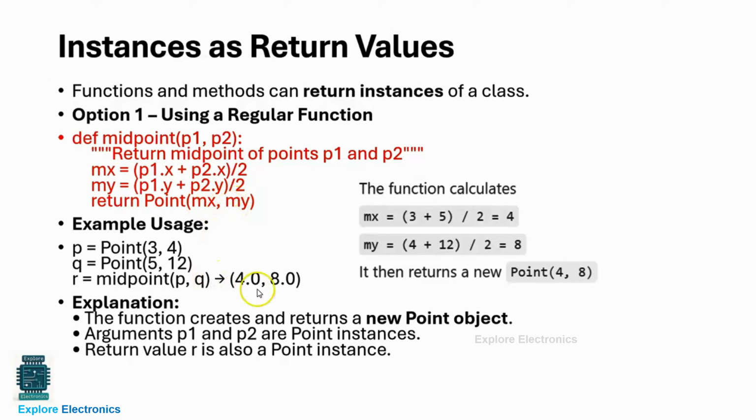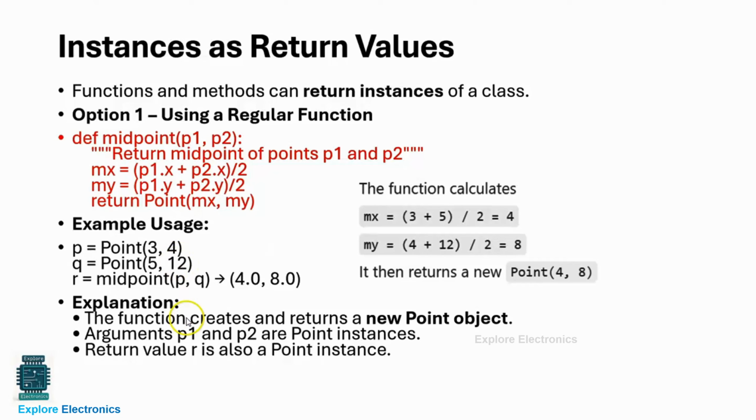It will print 4 and 8, because for p1 and p2 we have (3 + 5) / 2, which gives 4. After that, p1.y plus p2.y means 4 plus 12, divided by 2, gives 8. Here p has points 3 and 4, and q has points 5 and 12.